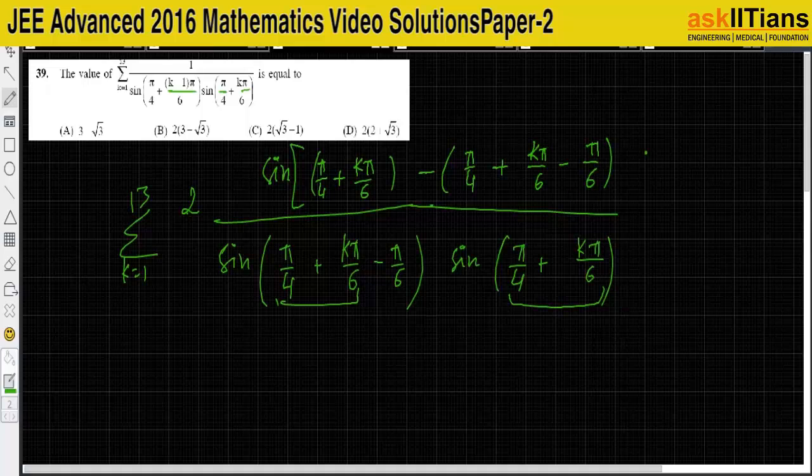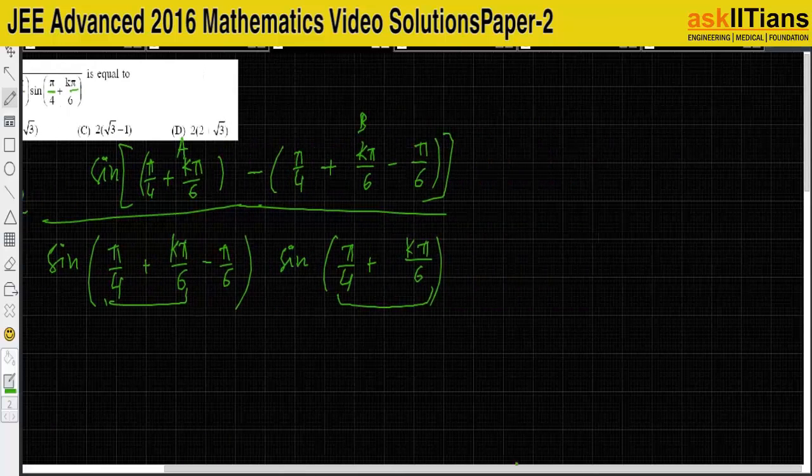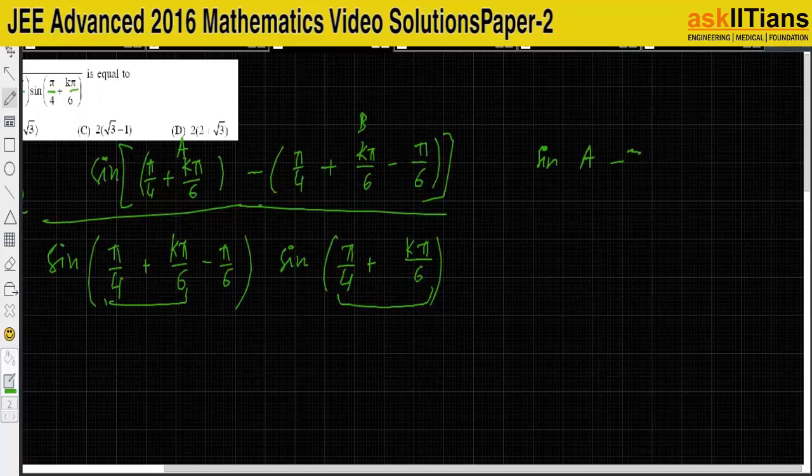So basically we need to create difference of two terms somehow, right? And how will I create difference of two terms? By writing it like this, right? Now let me consider this as angle A and this as angle B. So what is our numerator? Our numerator is sine of A minus B, and what is our denominator?